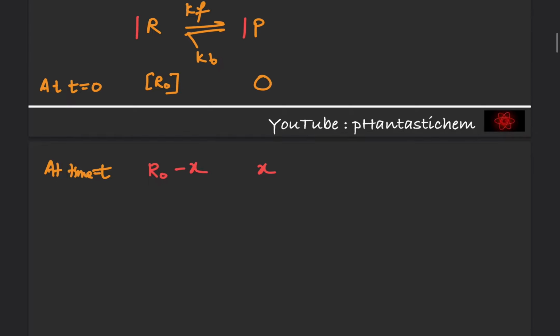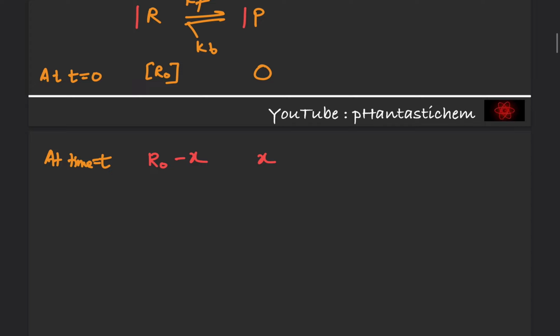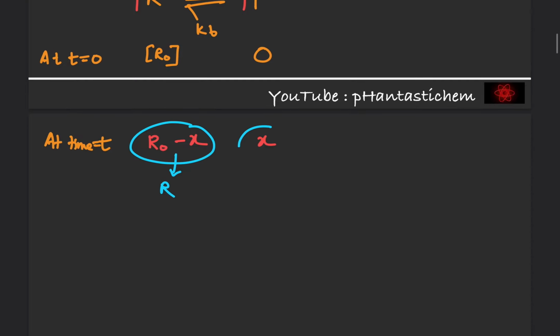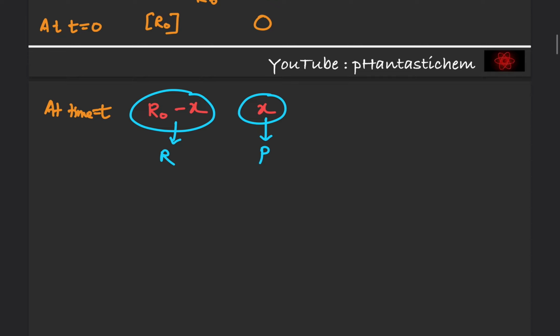The question has given this R naught minus X as R, and this X as the concentration P. Also it is given that Kb is equal to 4 times Kf, so I can write Kf by Kb is equal to 1 by 4.